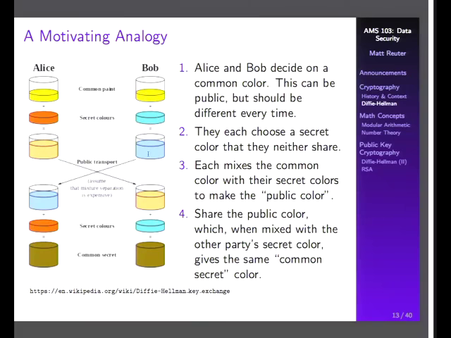Okay, so now, are the peach and the sky blue actually the secret colors that Bob and Alice chose? No, but they're derived from them. We had to use that secret color to get the peach and the sky blue. So now, Bob and Alice trade the peach and sky blue with each other.